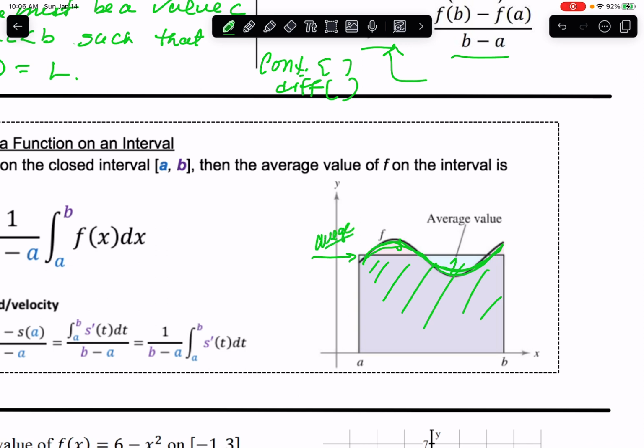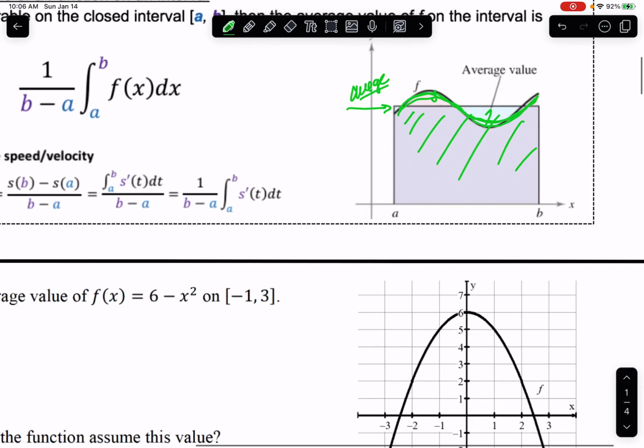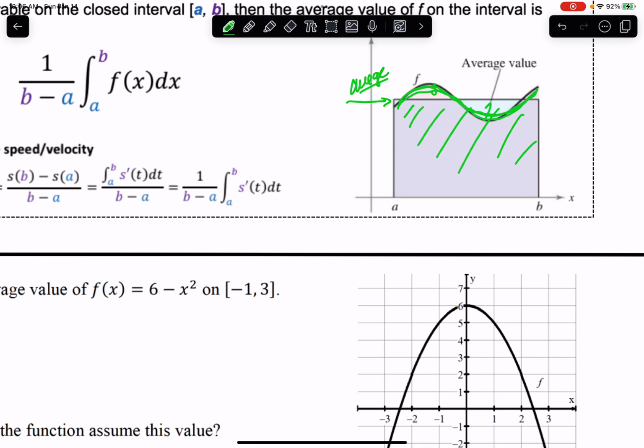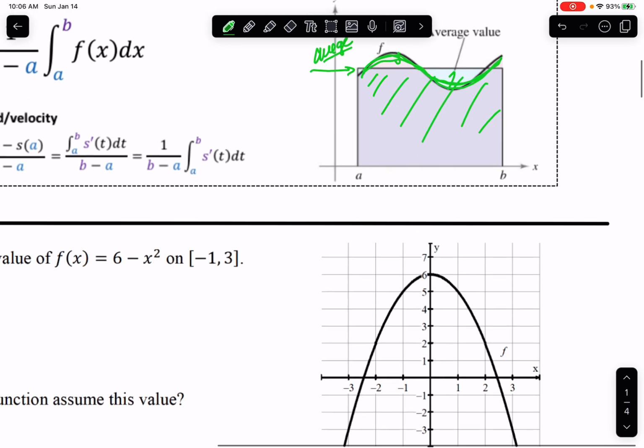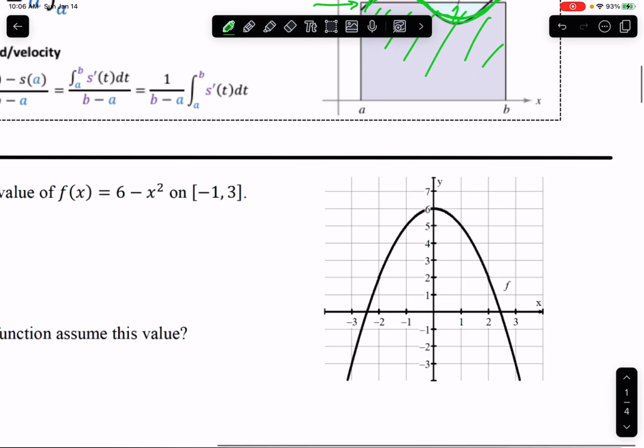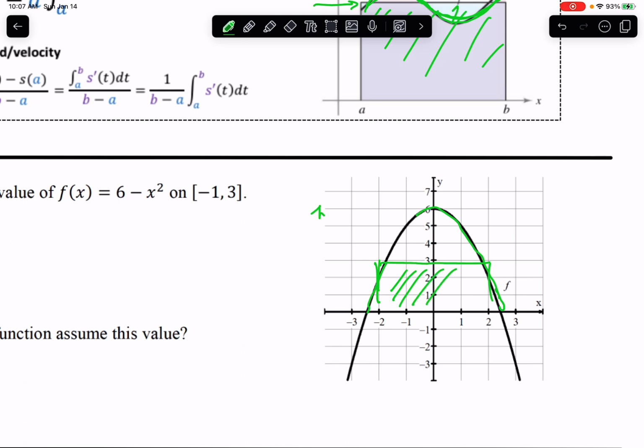It makes sense with an example. If you were to kick a ball up here and here, and I wanted to know the average height, this is the height. The average height might be somewhere in here if I were to press everything down into a rectangle.